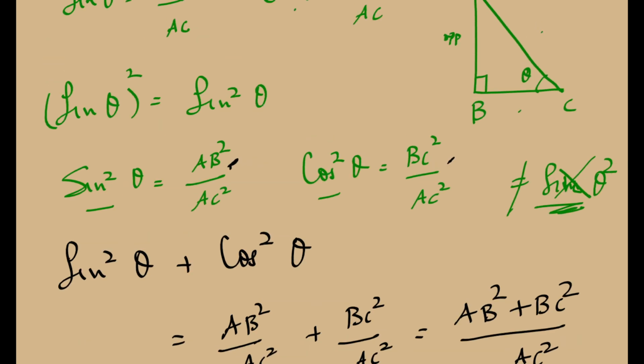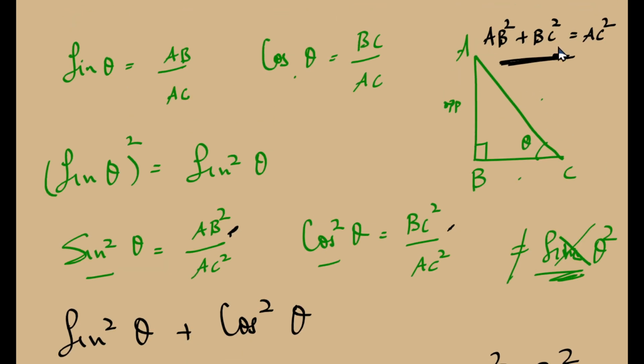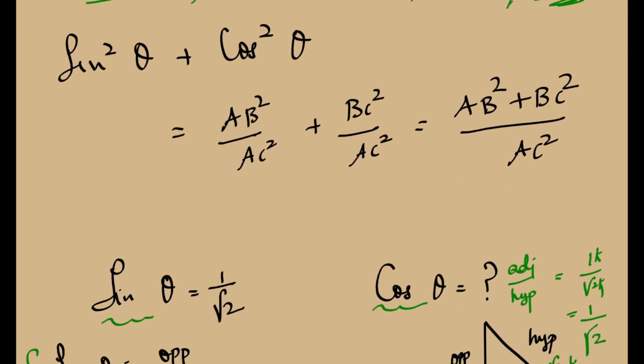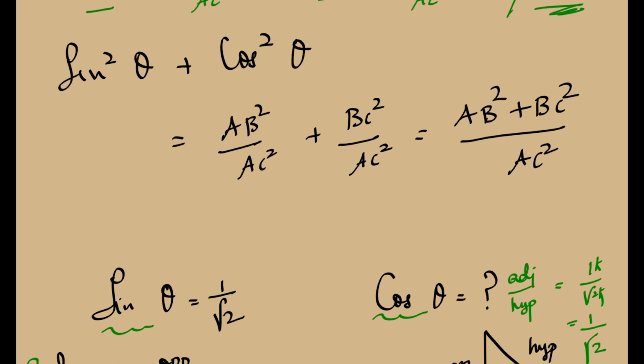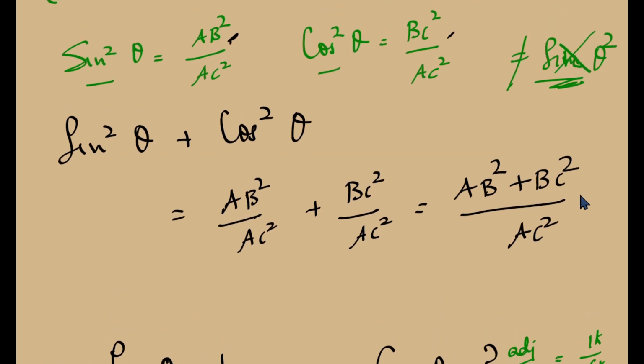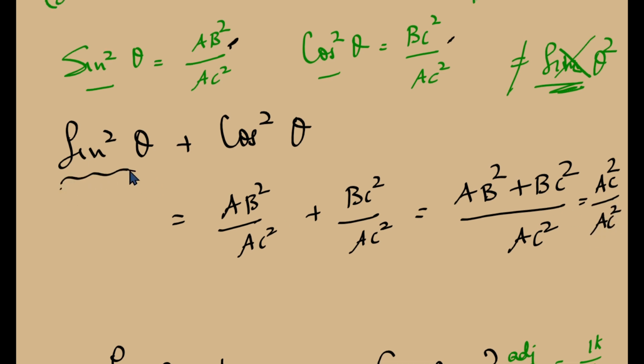Now what is our numerator? It's AB square plus BC square. It is equal to AC square. So this is equal to AC square by AC square, or sine squared theta plus cos squared theta is equal to 1. So this holds for all thetas.